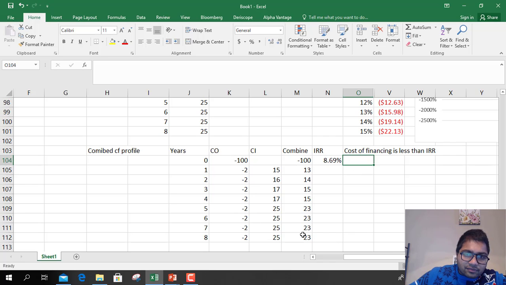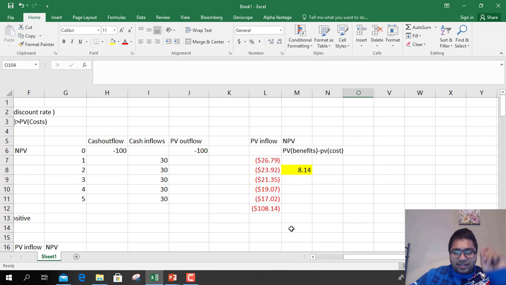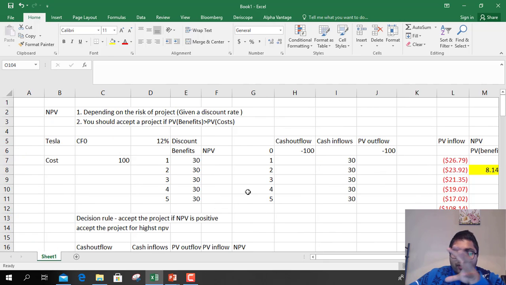Okay, so we discussed NPV, net present value. Accept the project when NPV is positive, reject the project when NPV is negative. Then we discussed if you have multiple projects, select the one which has a higher NPV.